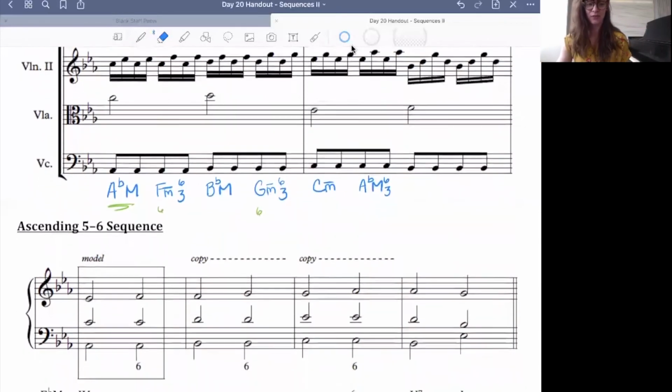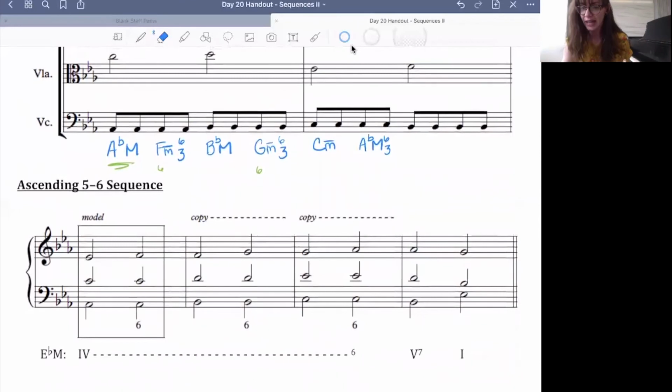So what you have, if you look down, if you haven't looked already, is an ascending 5-6 sequence. When we say 5-6, what we're talking about is if you look at the relationship between the bass and, as I have it notated here, the uppermost voice, you've got a fifth that then becomes a sixth.